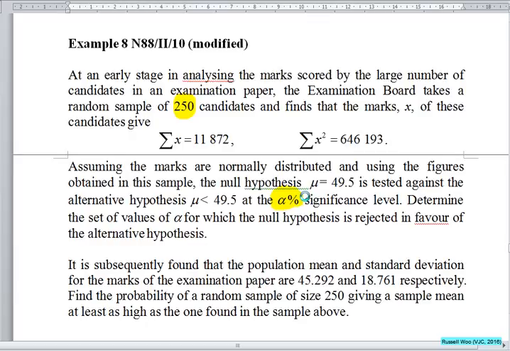But in this case, the question is to find the set of values of alpha, and you are given the conclusion that the null hypothesis is rejected. So you are not required to make a conclusion. The conclusion is given to you.